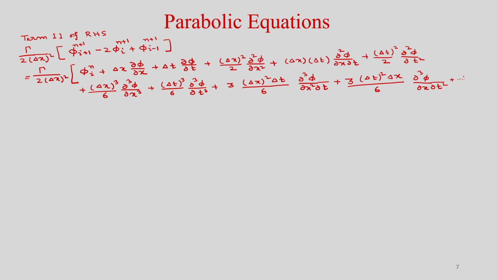So, now we have written the expansion for φᵢ₊₁ⁿ⁺¹. Now the next term is minus 2φᵢⁿ⁺¹, so we are going to write the expansion, multiplied by 2.